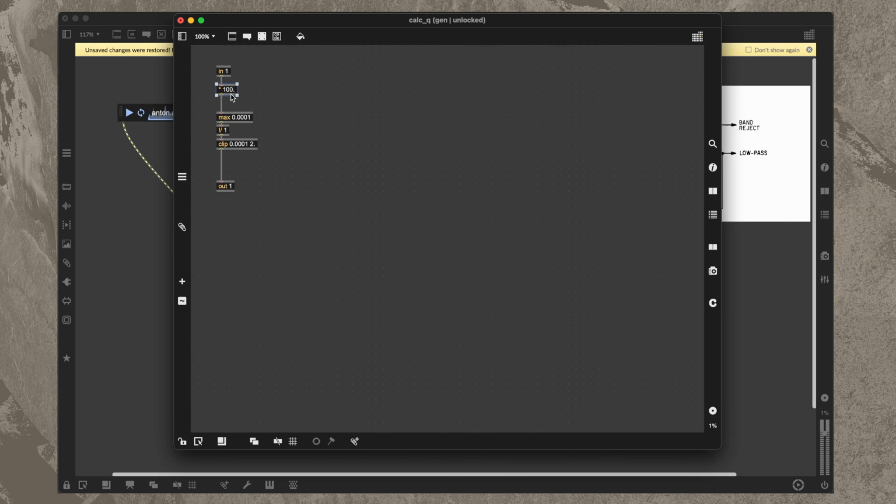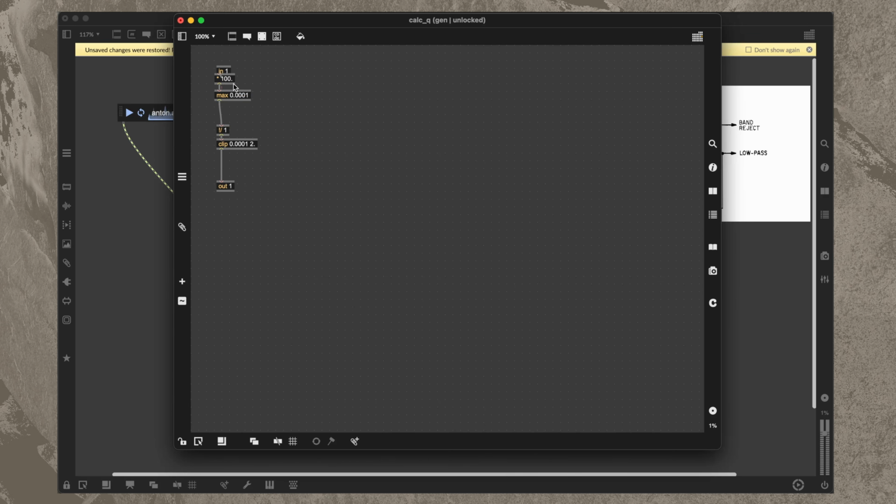You know, it's just a question of what's the maximum amount of resonance that you want. And this might also be a place where putting some kind of exponential shaper could be valuable, right? Where maybe you want a little bit finer control at the lower end of the range. And to do that, you would basically add an exponential unit shaper right here. So scale to the range of 0 to 100.